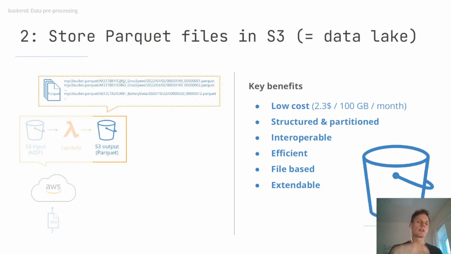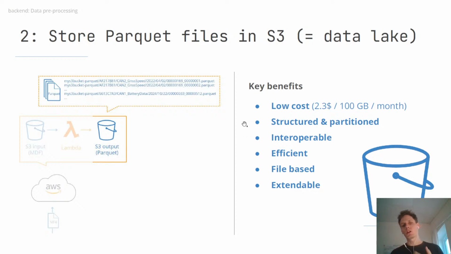And then you will have a folder for every CAN message. And within this, you will have the year, month, day, and then the actual files stored in here. So this structure is highly efficient and has some benefits that are a bit technical, but means that you can access the data in a very efficient manner.